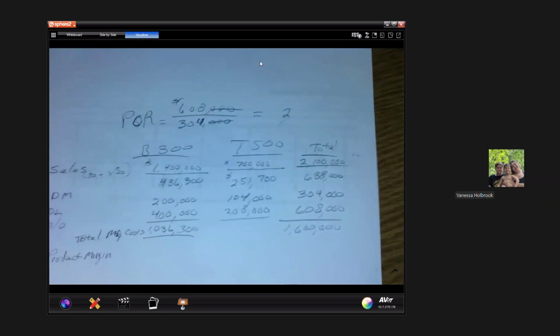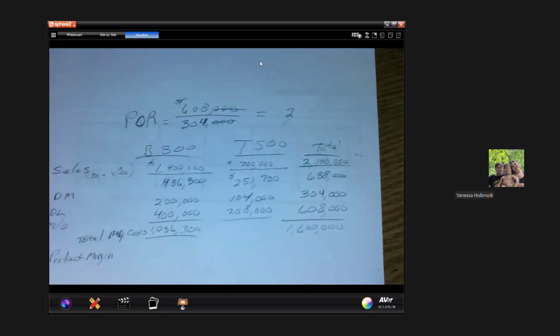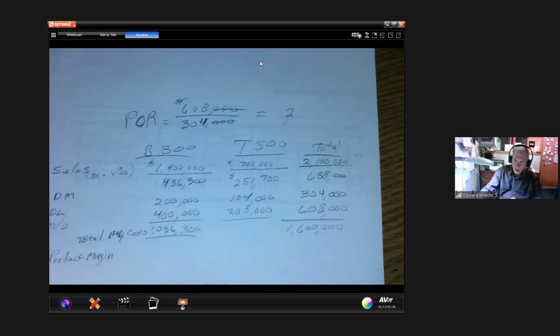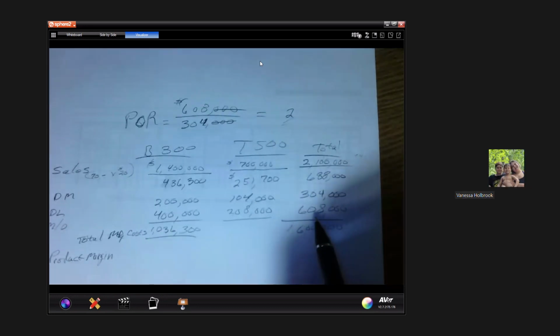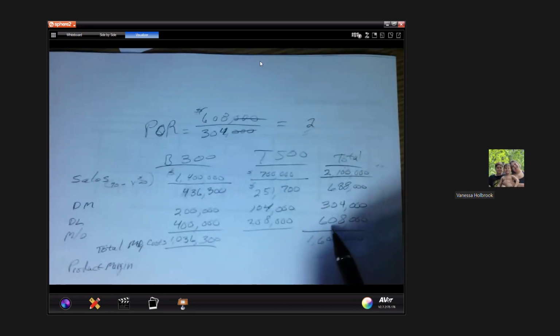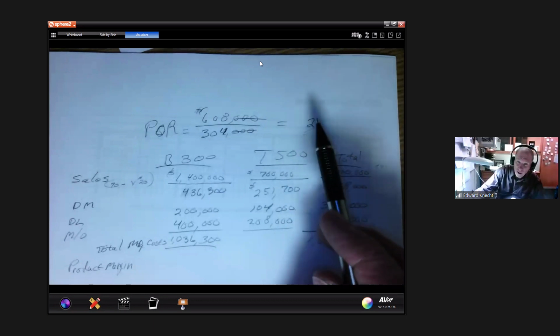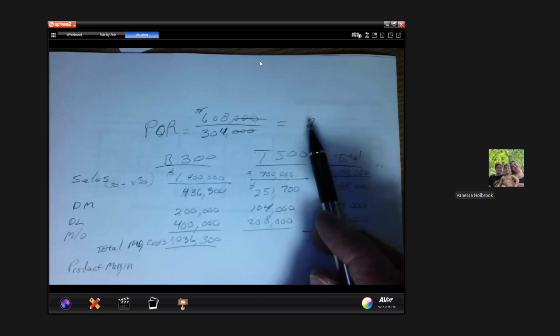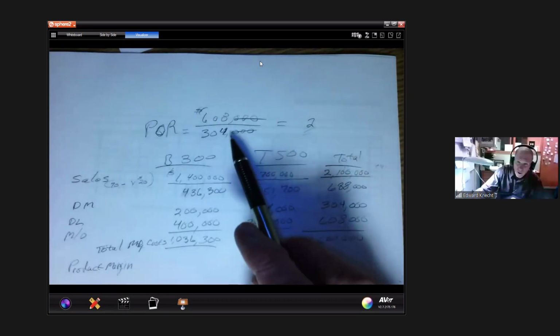Regardless of whether you do the B300 or the T500 times 2, it figures out the same way. So it doesn't matter which product you use times the 2, you still get the same answer. Is that always the case? Well, if we're applying overhead at 2, it's twice as much as the direct labor.